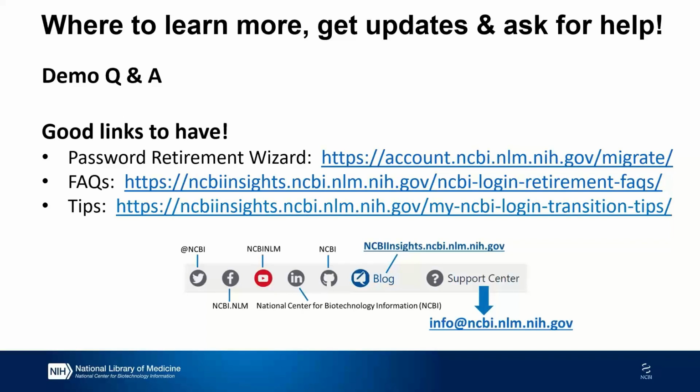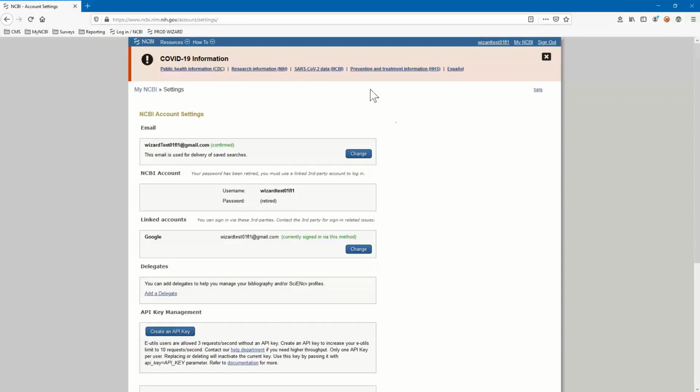And the answer to that is, before you lose access to your institution account that you're logging in with, you'll want to go into your account settings and link a new third-party account. So I'm logged in here.